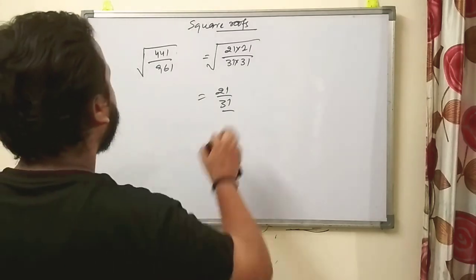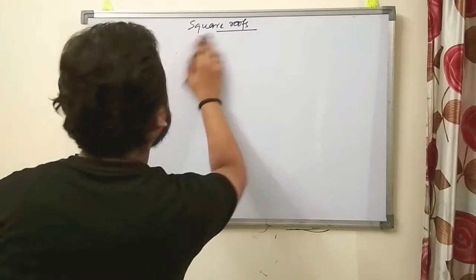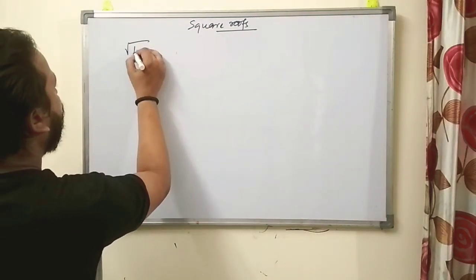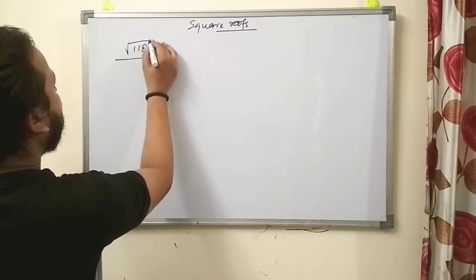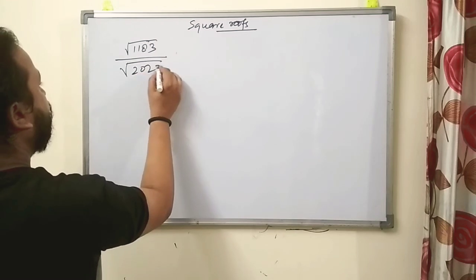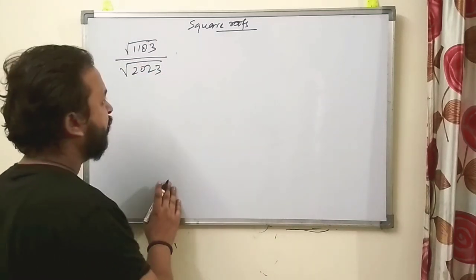Okay, now we are going to take one more example of fraction numbers. Suppose a number is given as root 1183 divided by root 2023, right? We have to find the value.